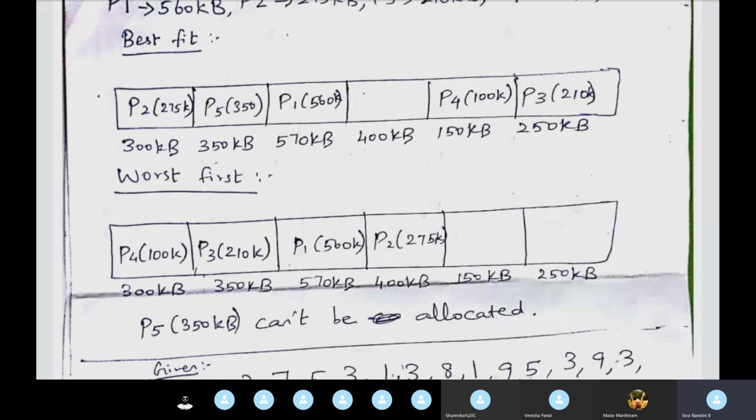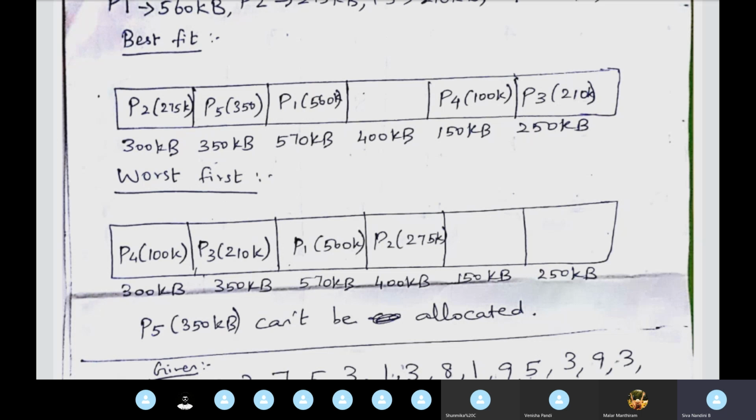I have simply given the final answer key, but in the exam you have to write step by step how process P1 will be allocated, how process P2 will be allocated, and so on. Along with that, you have to write some lines on how it is allocated using best fit and worst fit.